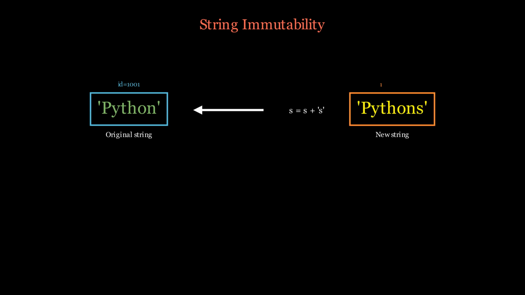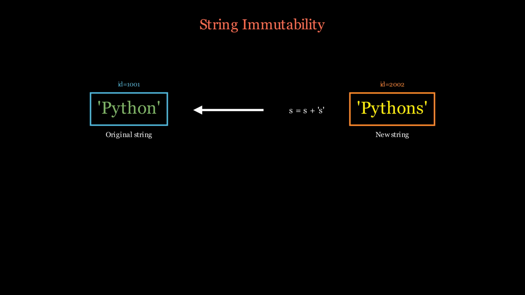A crucial concept in Python is that strings are immutable. They cannot be changed after creation. Any operation that seems to modify a string actually creates a completely new one. For example, here we start with the string Python. When we perform the operation s equals s plus s, Python does not update the original string.